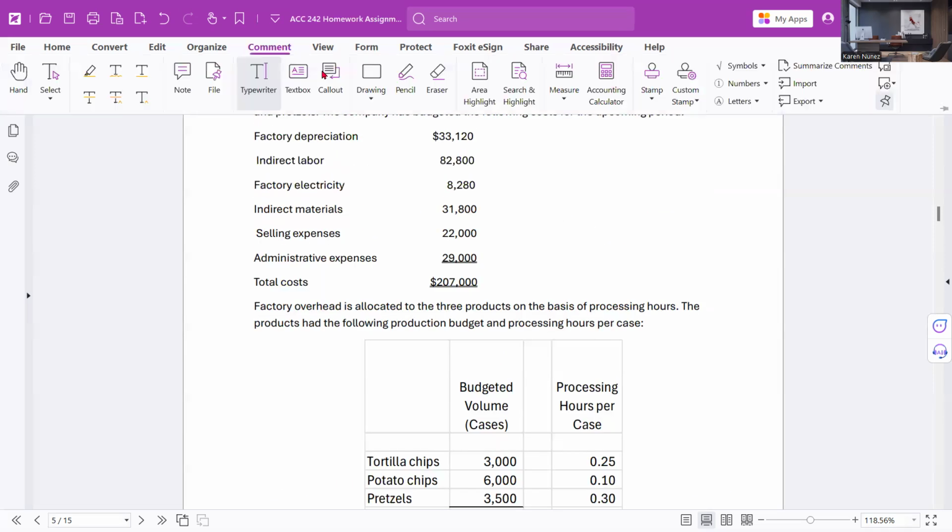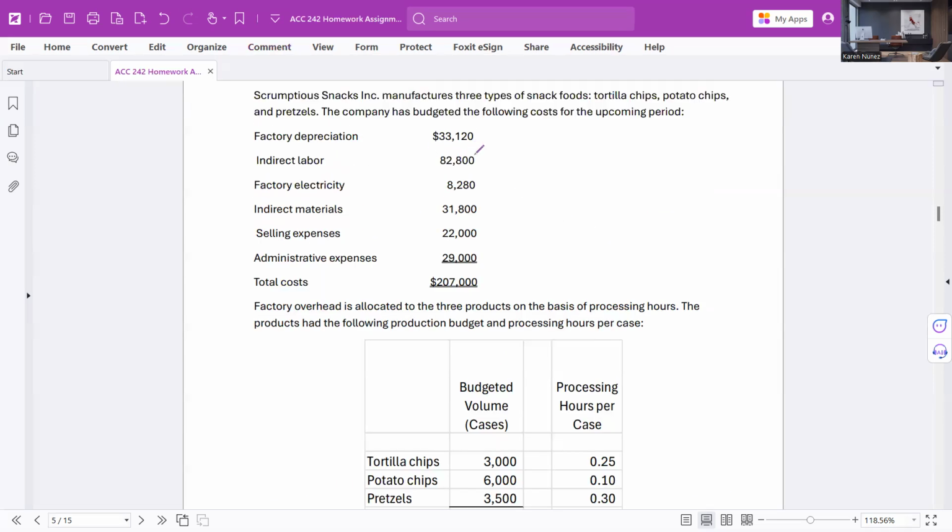So if I could mark things up a bit here, we need to find total overhead, right? Divide the total overhead by the appropriate allocation base, which here is processing hours. So now we've got to use our knowledge from chapter 15 to get overhead, because they don't give us a total overhead number. They just give us total costs. And we know from chapter 15 that overhead does not include selling expenses.